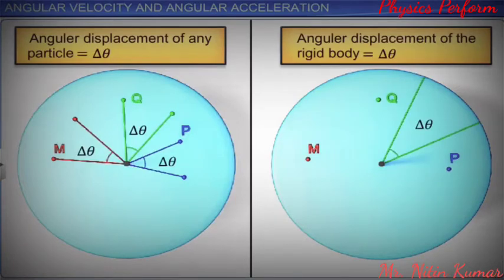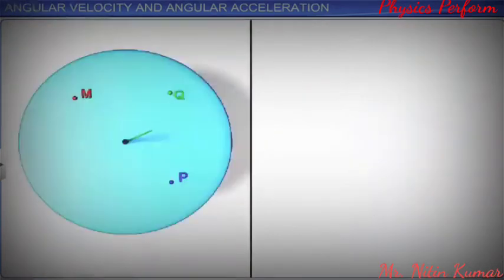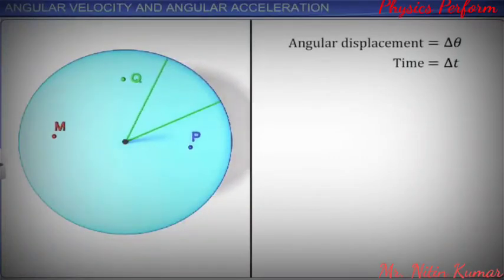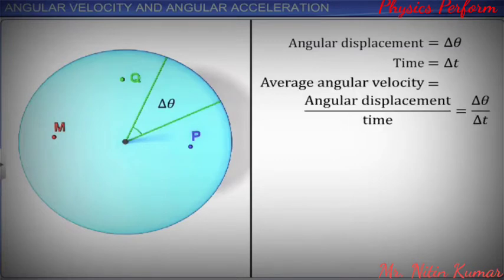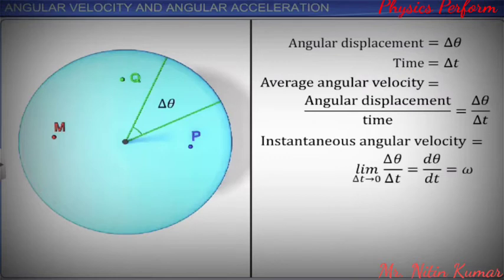If the angular displacement of a rigid body is delta theta during a small time interval of delta t, then the average angular velocity of the particle is defined as the ratio of delta theta to delta t. The limit of this ratio as delta t tends to 0 is called instantaneous angular velocity and is represented by omega.